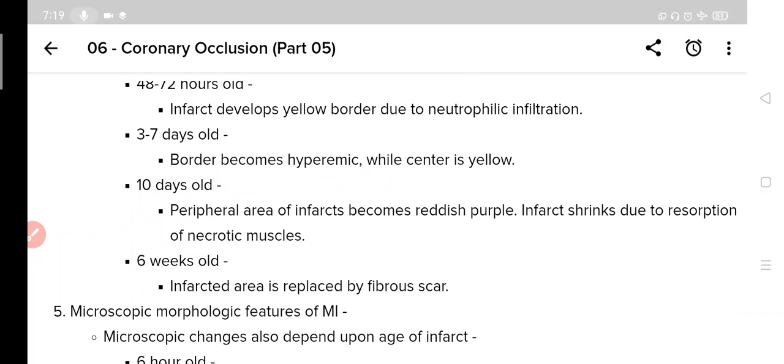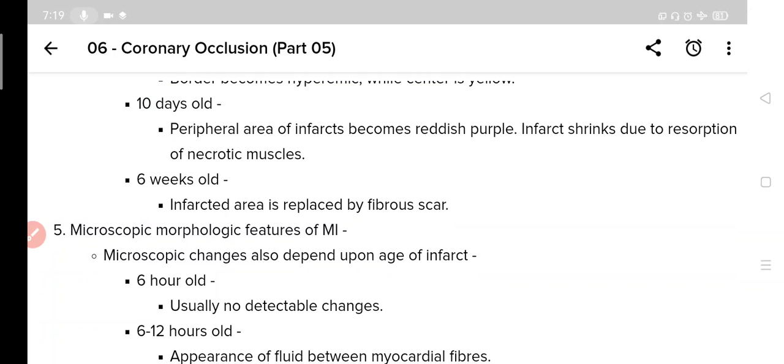And after 3 to 7 days, the border becomes hyperemic, while the center is yellow. Hyperemic means increased blood supply. After 10 days, the peripheral area of the infarct becomes reddish purple, and the infarct shrinks due to resorption of necrotic muscle.